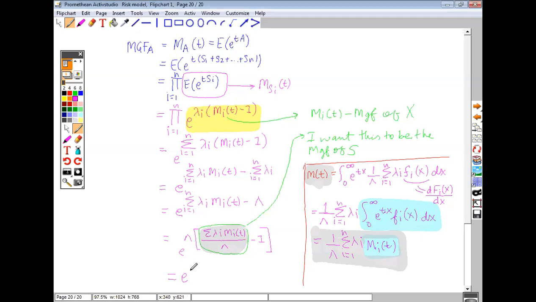So I can rewrite this as capital lambda, and then M of t minus 1, right? So now if I have a look, this indeed looks like a compound Poisson's MGF, right?